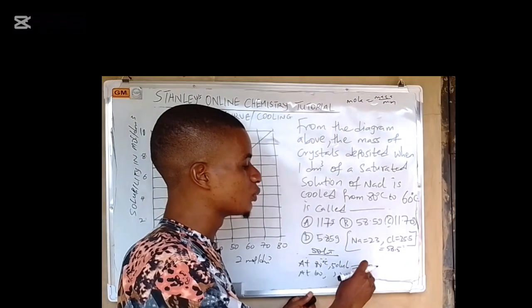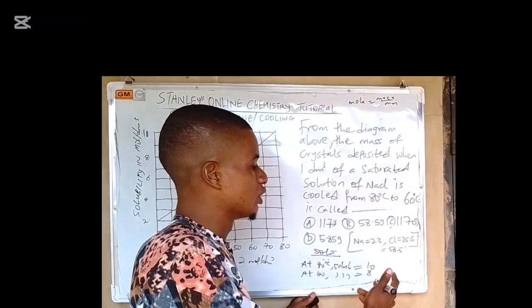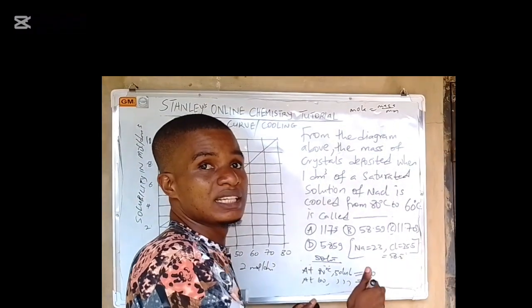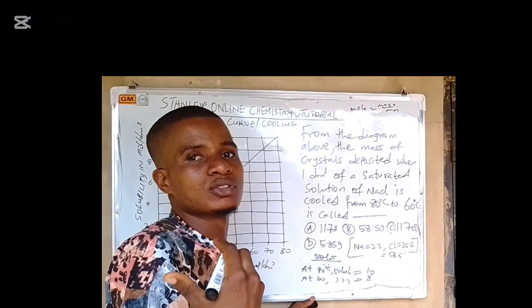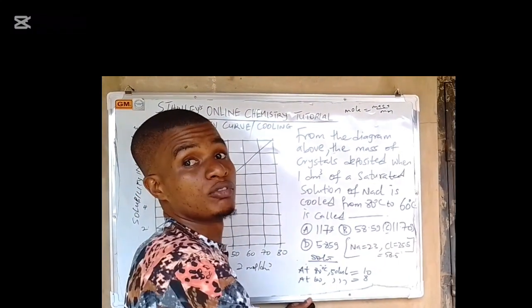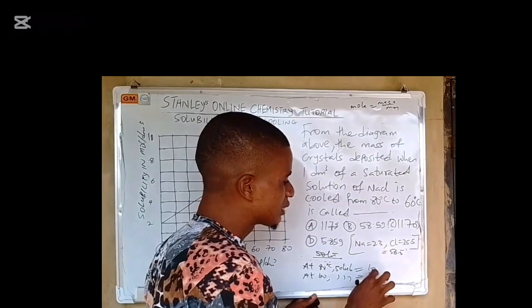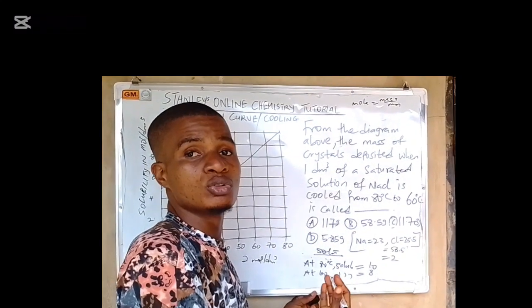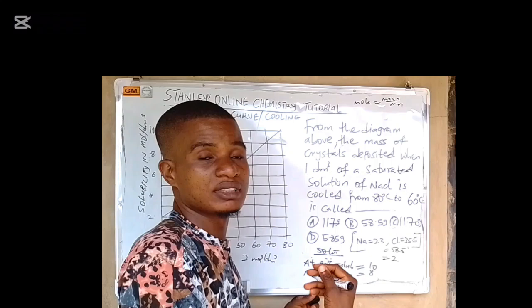So the solubility, which means that there is a solid in the liquid, this concentration reduced from 10 to 8. That means some solute has left the solution, which is that salt, the one that crystallized and did no longer dissolve because it had been cooled. So 10 minus 8, that is 2. Are you there? So 2 moles of that content have crystallized out.